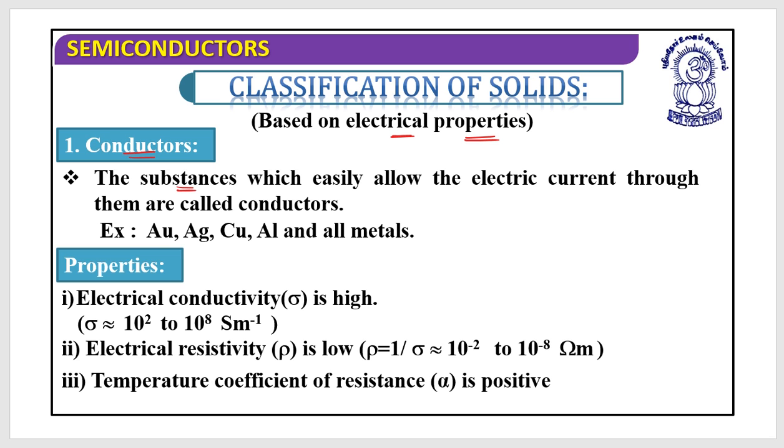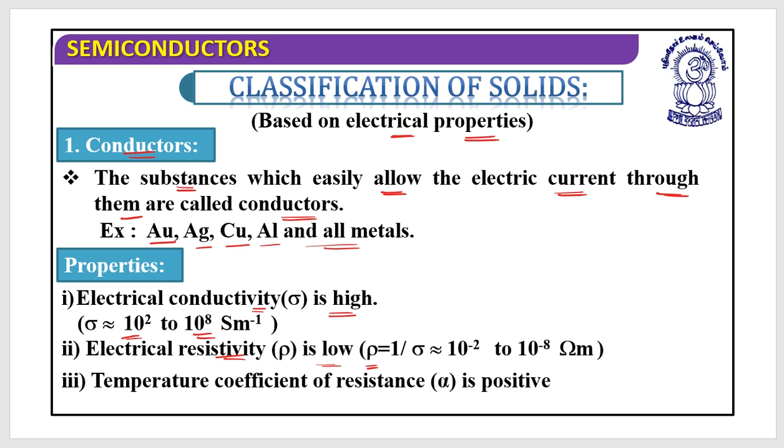Conductors are the substances which easily allow electric current through them, such as gold, silver, copper, aluminum, or we can say all metals. All metals are considered conductors. For conductors, electrical conductivity is very high, approximately 10 to the power 2 to 10 to the power 8 units, and their electrical resistivity is low.